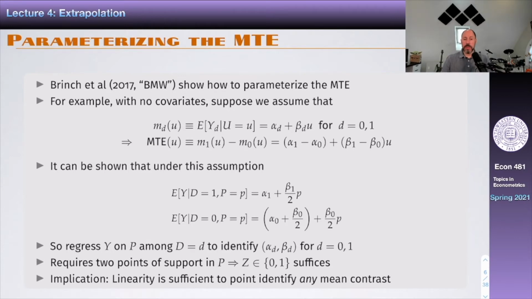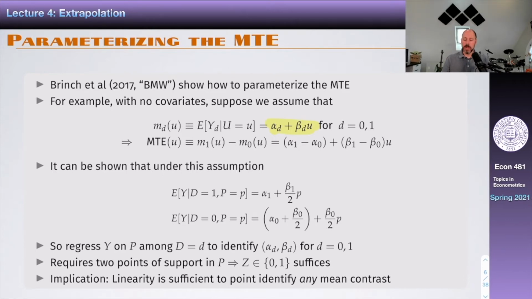So what this paper proposes is to parameterize this as a function of u. For simplicity, let's start with the case where this is linear. So you're assuming that the marginal treatment response is a linear function of u.